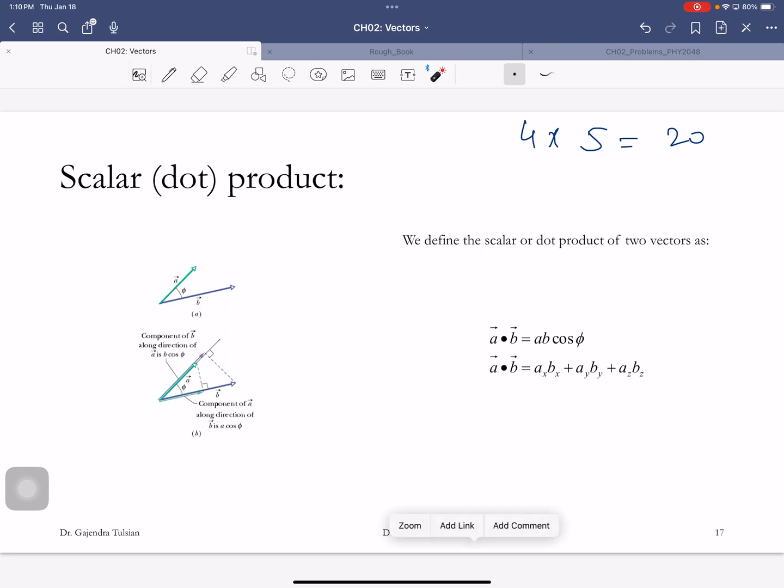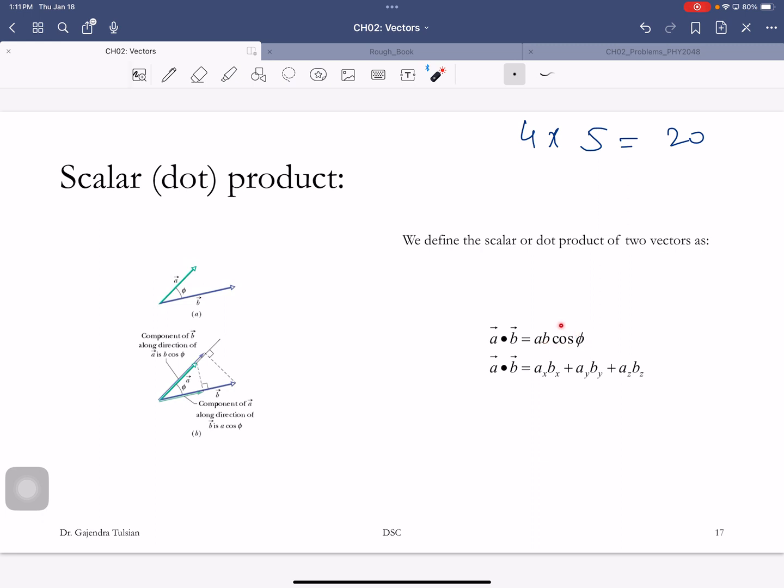All right, so here's a vector A, here's a vector B. You want to draw the vectors from the same point, so the tails are at the same point. This is the angle between them. The scalar product is also called the dot product because of the notation. A dot B is defined as the length of A times the length of B times the cosine of the angle between them. This is a scalar.